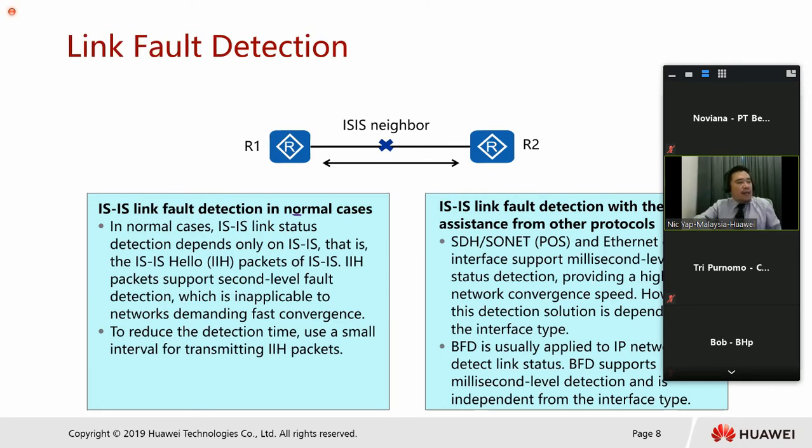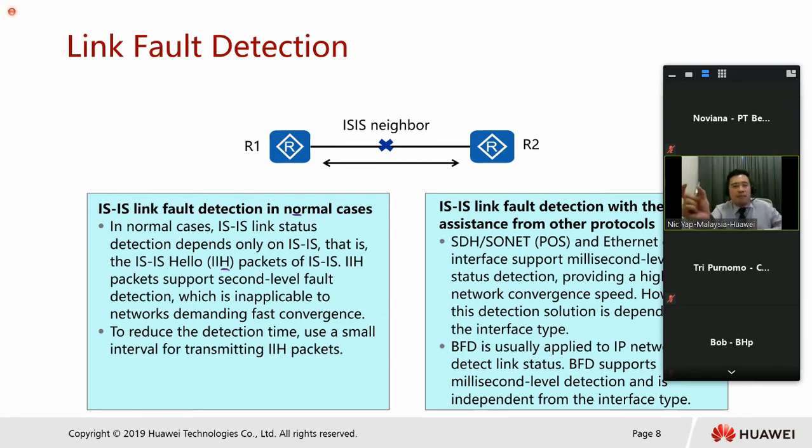So in the normal case, ISIS link status detection depends only on the ISIS hello. ISIS packets support second-level fault detection, which is inapplicable to networks demanding fast convergence. To reduce this, use a small interval for transmitting IIH packets. So to speed up, you can adjust the speed of the hello, but that is not recommended.